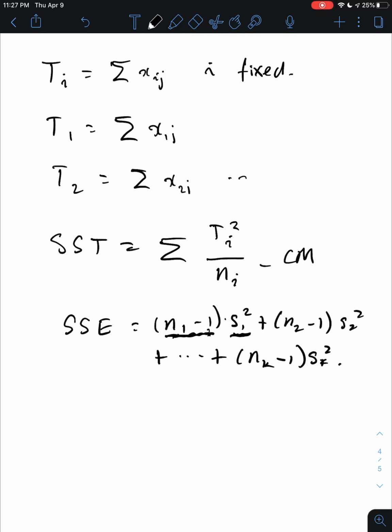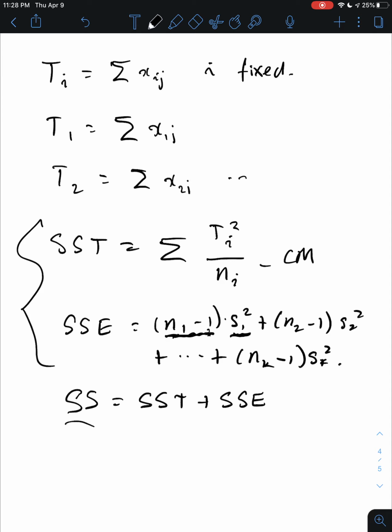There is a lot of algebra that you would have to do, but it turns out that we have partitioned our sum of squares into 2 parts, SST plus SSE. So the sum of these 2 complicated formulas adds up to our SS formula, which was the one we started with on the previous page.